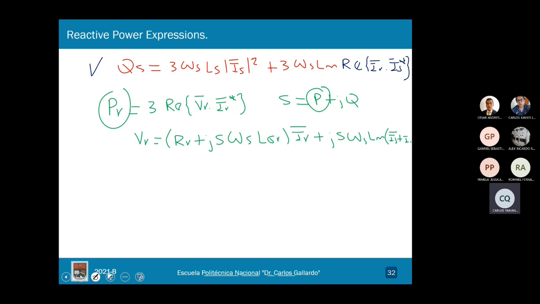So in a similar way, I will compute the reactive power.